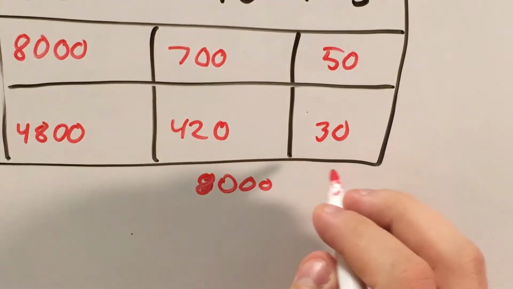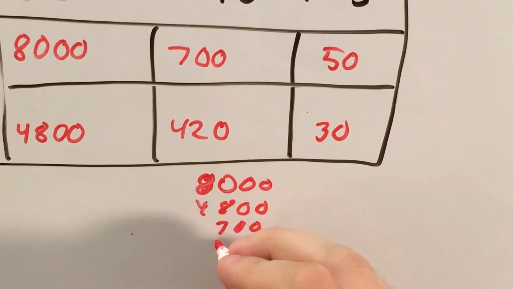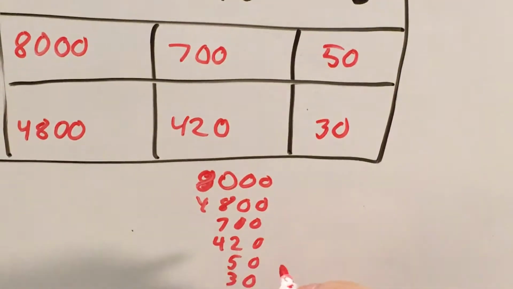8,000, that is supposed to be an 8. 4,800, 700, 420, 50, and 30.